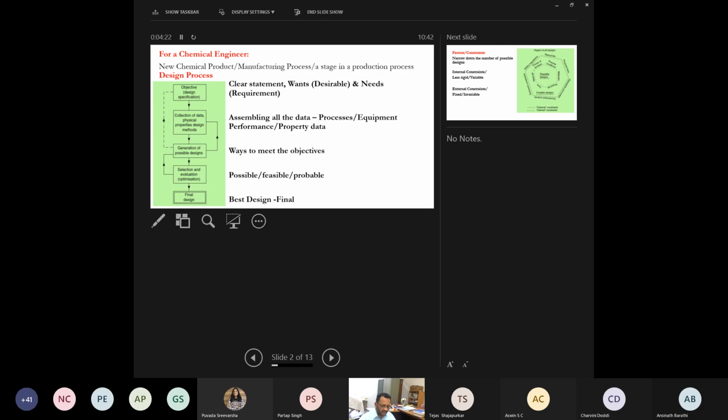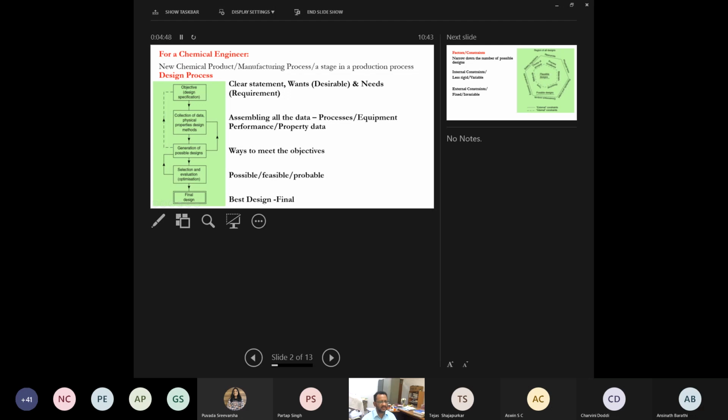Once you finalize the process design, we all know that a process is a series of operations. So for a particular operation also we have to design a particular stage of the process.